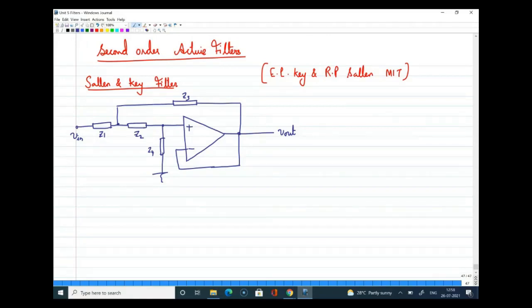And there will be certain applications where if the filter is providing some gain, that will help the rest of the system. So there are many cases like that. That is why we have a classification of active as well as passive filters, right? So depending on our need and the application, we will prefer either an active filter or a passive filter.